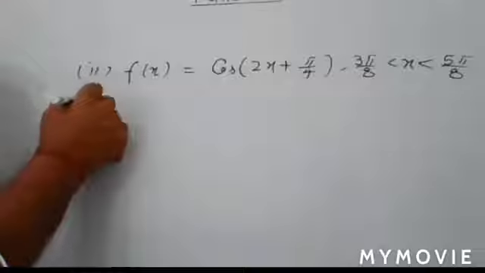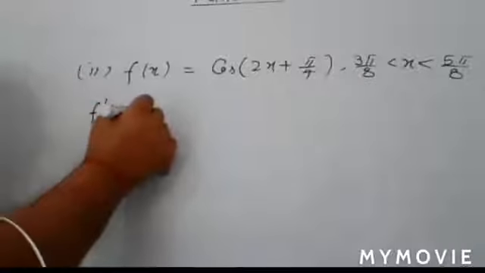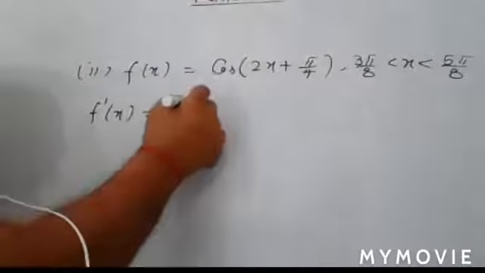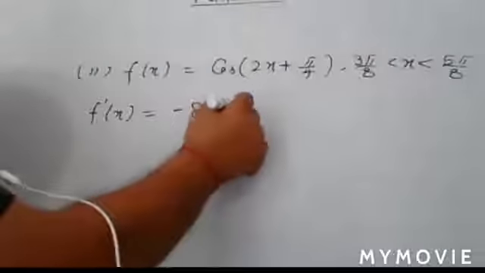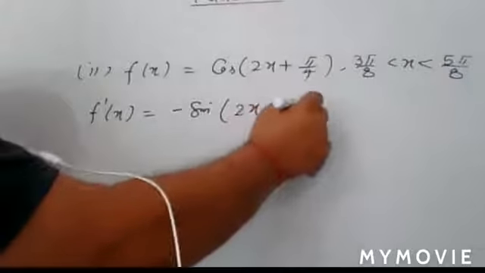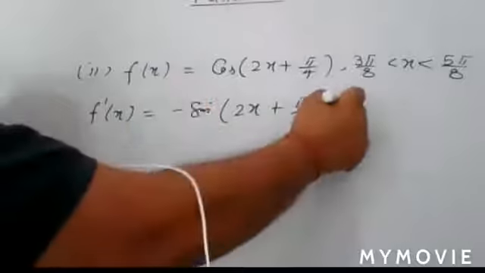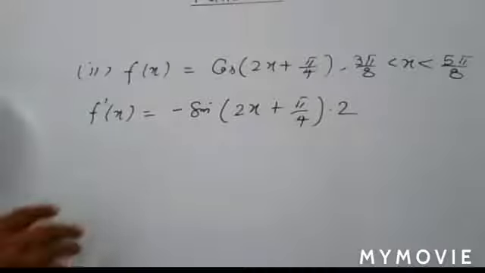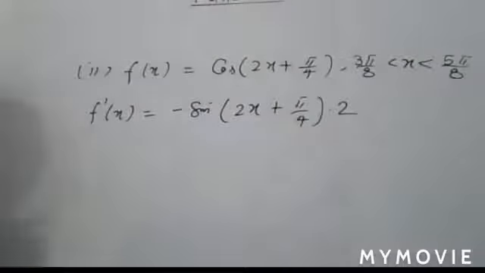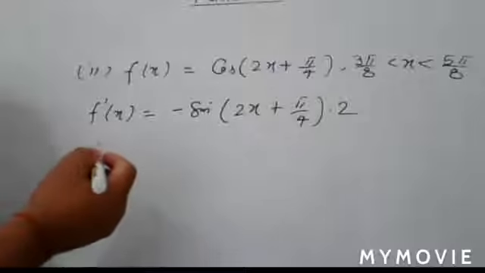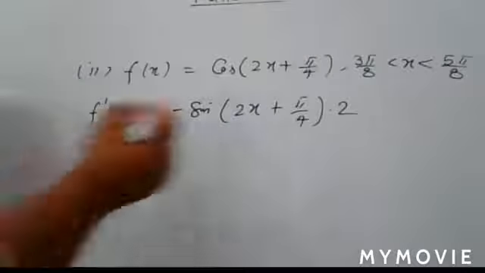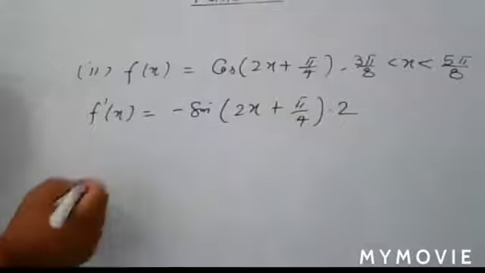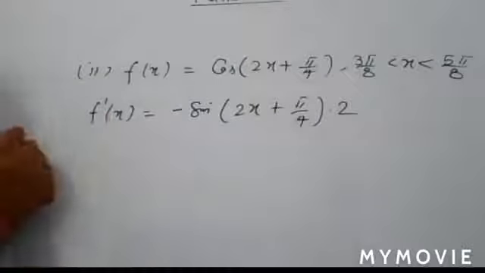So write f dash x is equal to, if you differentiate it, minus sine(2x plus pi by 4) into 2. Okay, so that gives the derivative. Now you well know about this sign, so go through this one. Here the value of x is already given, so you take its value from that.